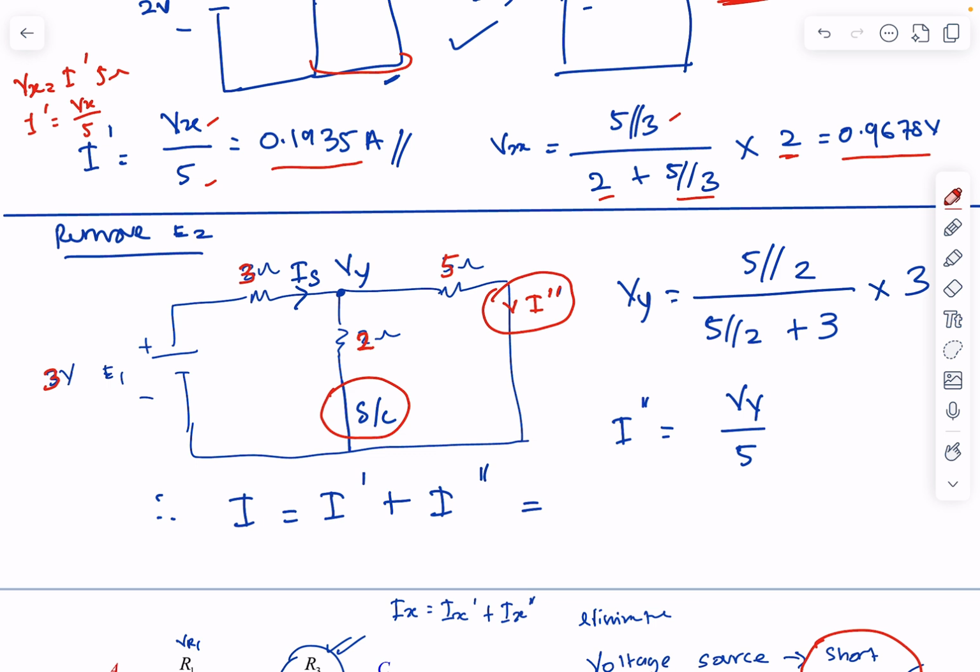So looking at this diagram, we know that the 2 and 5 are in parallel. Okay. So it is the same case as before. If I calculate Vy here, then I can just use Ohm's law, where Vy divided by 5 gives I double prime.